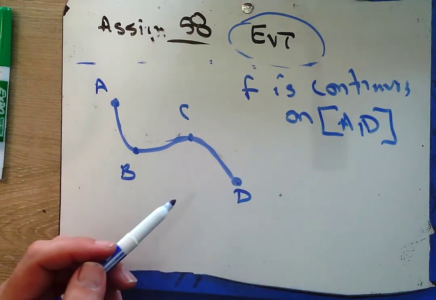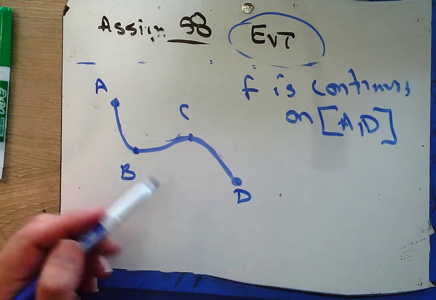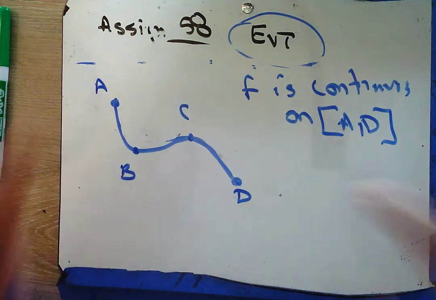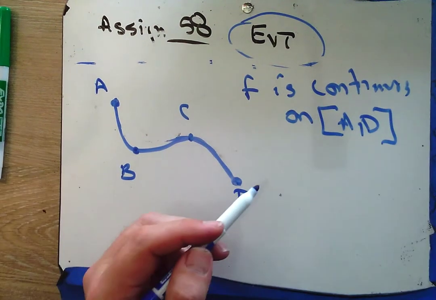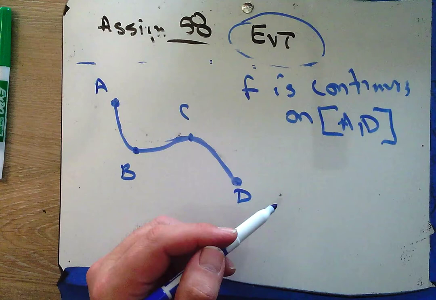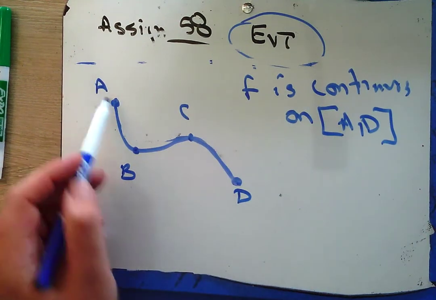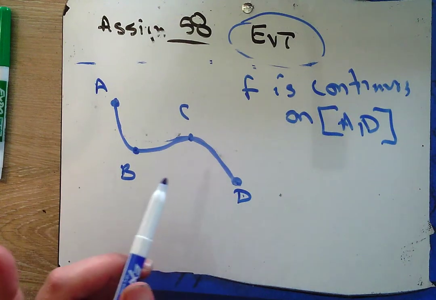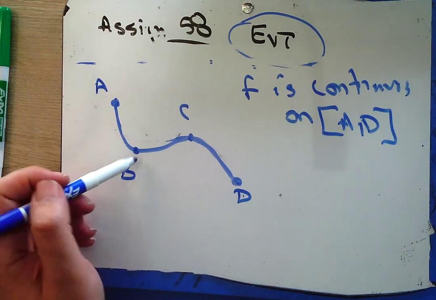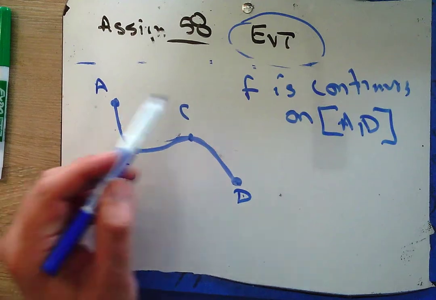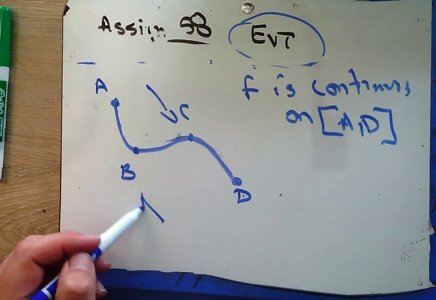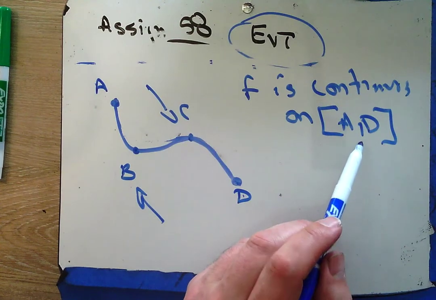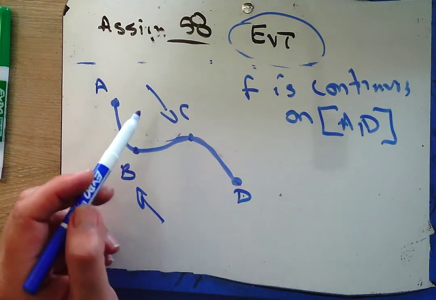So EVT says you gotta have at least one min and at least one max. Sure. I got a min and a max. I'm all good with that. But then we go on to say, if f is continuous on A to D, I'm sorry, if f has a max or a min at x equals c, or in this case b, on A to D, then f prime of c equals 0.